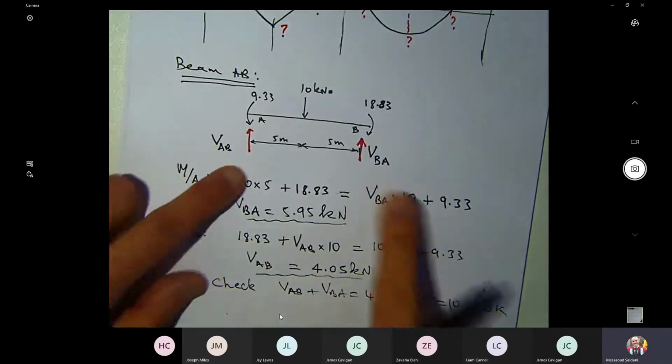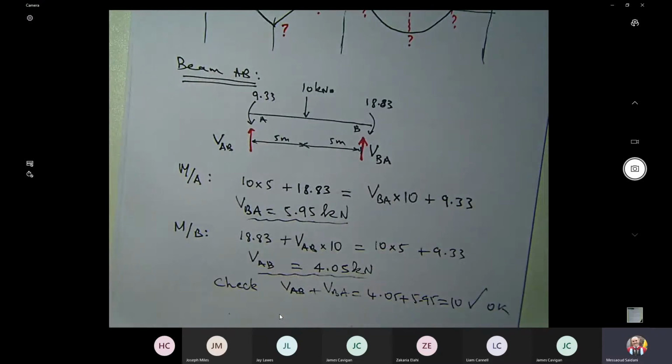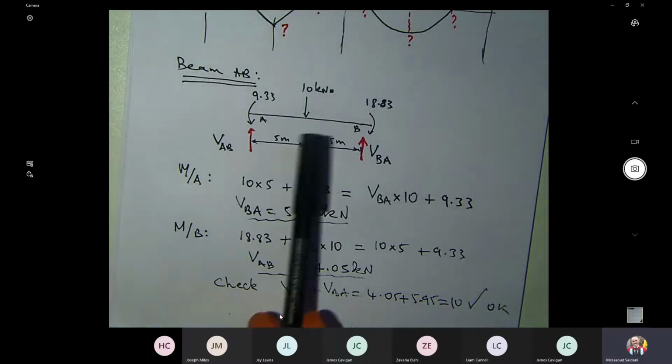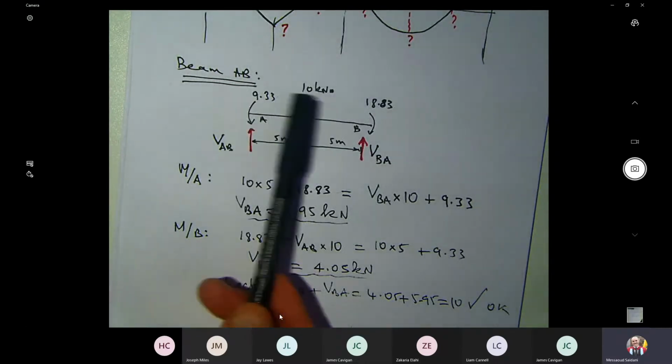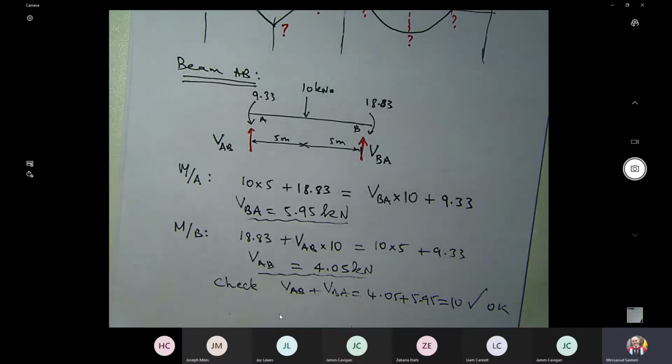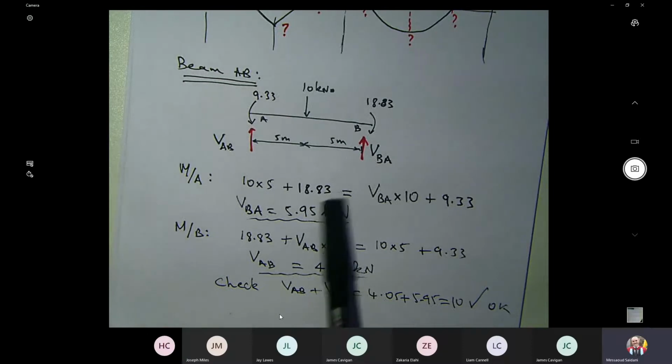Okay, so the two reactions add up to 10. This way you guarantee that your answers are correct. It's very easy to make a mistake, especially when you have loading arrangements where you have a UDL with two point loads or whatever. We all make mistakes, but if you do it this way, you guarantee that your answers will be correct. Okay.